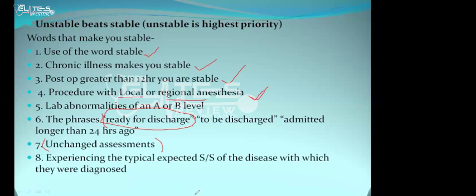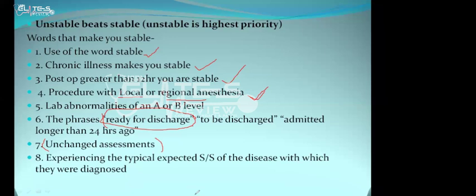But let's say they tell you a patient who was having dyspnea has exacerbated, or dyspnea has gotten worse, or there was an already existing pain, and now the patient tells you that the pain has worsened. That's a changed assessment. And that makes it very critical and unstable. But if the patient has an unchanged assessment, then it means the patient is, in quotes, stable.